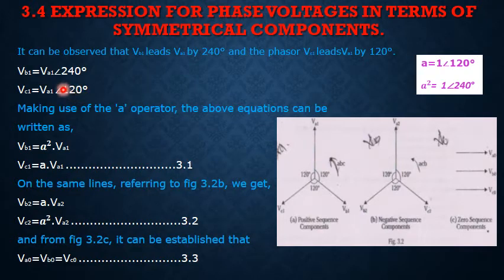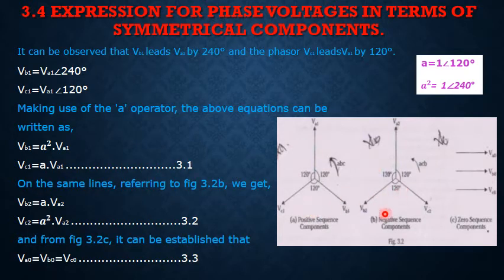Similarly, VC1 is equal to VA1 at an angle of, sorry, 120 degrees. An angle of 120 degrees with magnitude 1 is a, so VC1 is equal to a times VA1. Now let us consider the negative sequence phasor diagram.